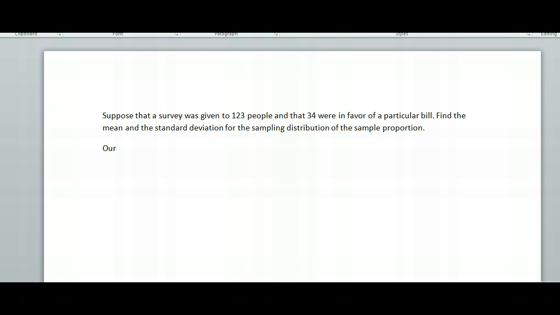So our mean would be the sample proportion. And the sample proportion is 34 out of 123.